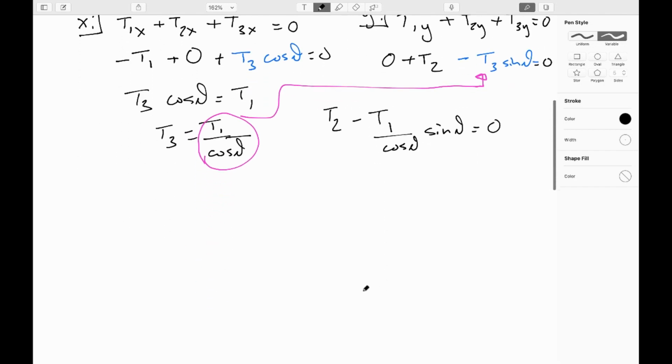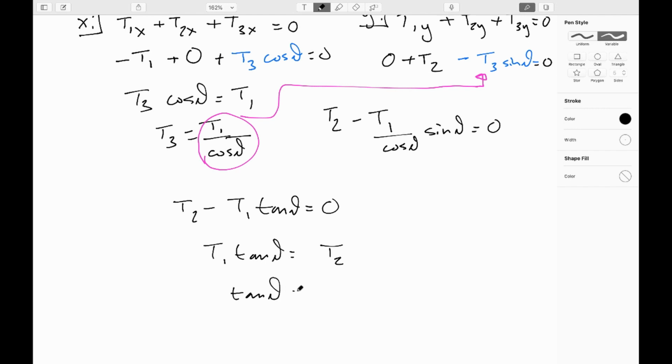Now we remember that sine over cosine is tangent, so I could just as easily write this as T2 minus T1 tan theta equals 0. And so I can go ahead and add T1 tan theta to both sides. So it equals T2, or tan theta equals T2 over T1. All right.